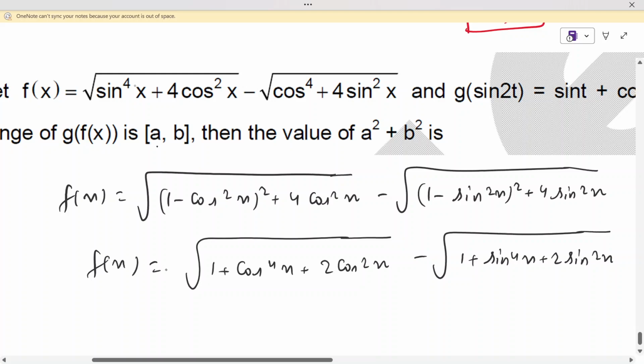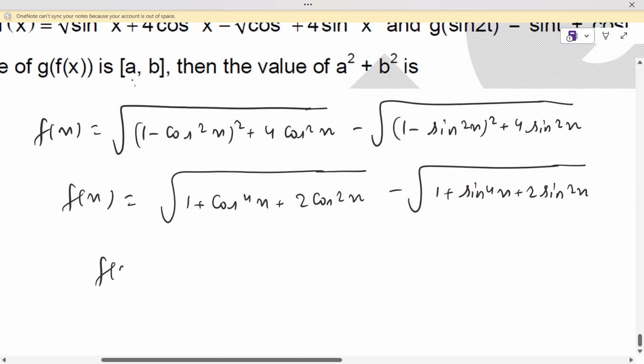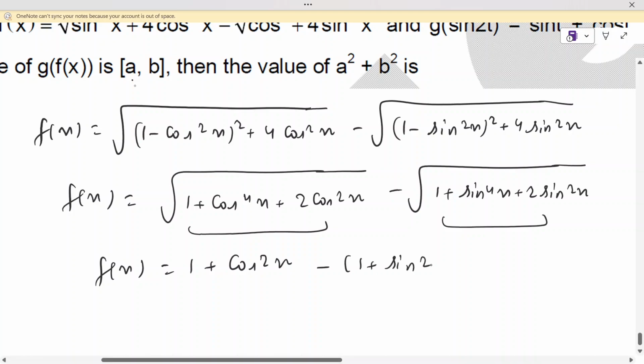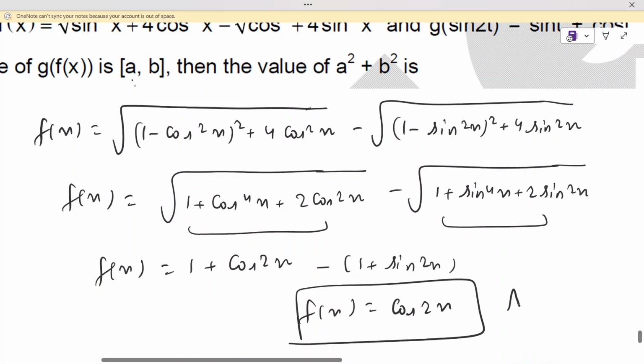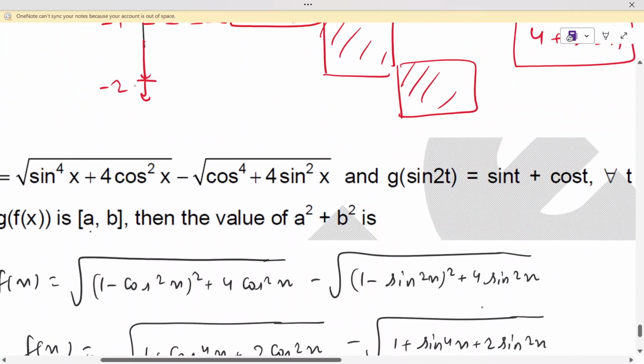So now f(x) equal to (1 plus cos square x) whole square, minus (1 plus sin square x) whole square. So minus 1 plus sin square also there. The f(x) is coming out to be cos 2x, isn't it? f(x) is cos 2x now.